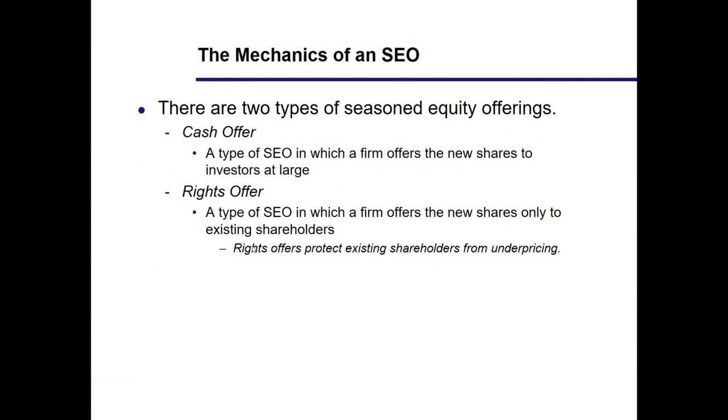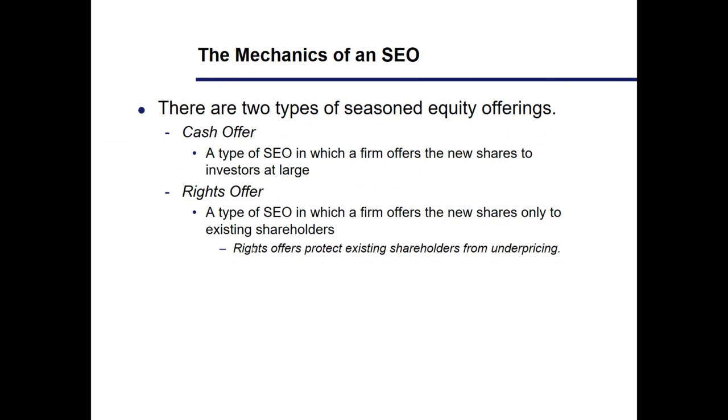Either you do a cash offer, which is a type of SEO in which a firm offers the new shares to investors at large, or you do what we call a rights offering. What is a rights offering? A rights offering is a type of equity offering in which a firm offers new shares only to existing shareholders. They give the existing shareholders the right to buy new shares.